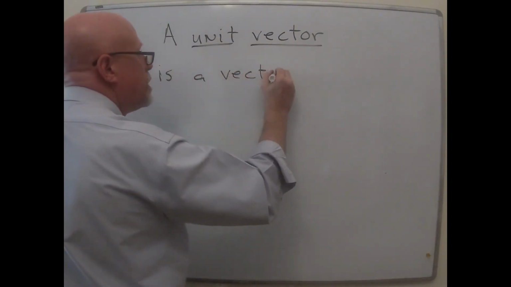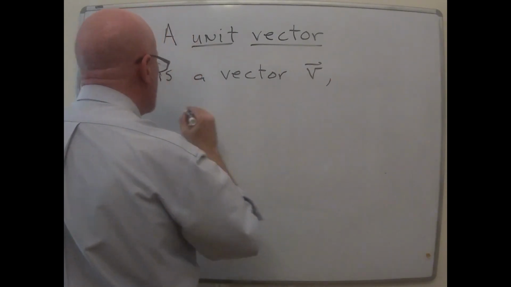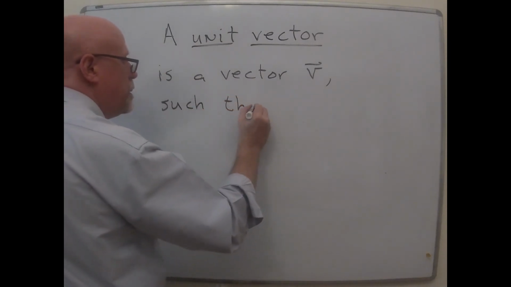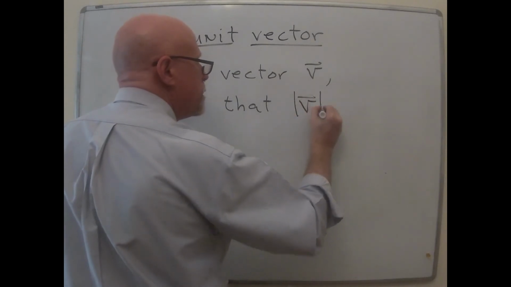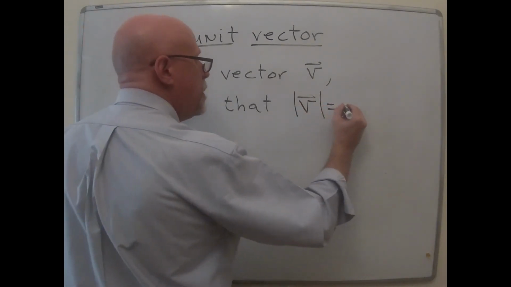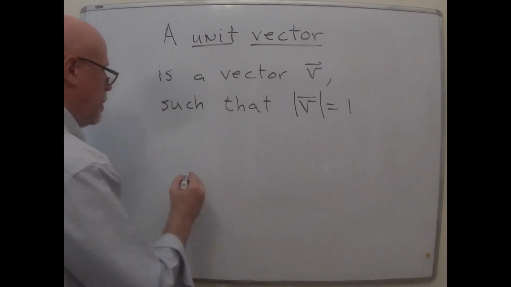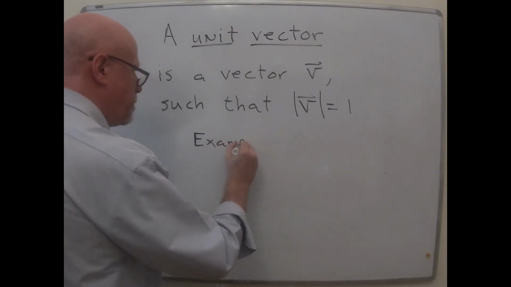It's going to be a vector, let's just call it V, and all we need of it is that if you take its length, you get 1. Absolute values around V, you'll get 1. So do we know some unit vectors? Sure. Examples. Let's write a small list of examples.